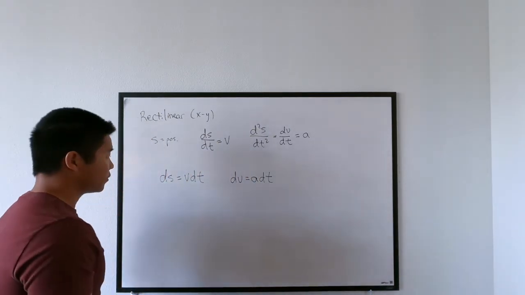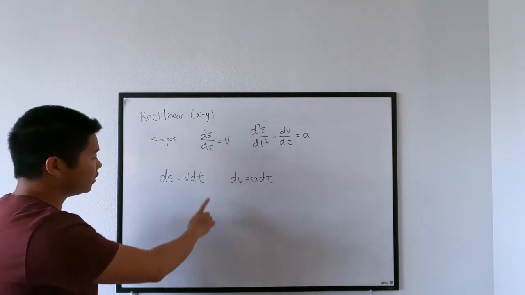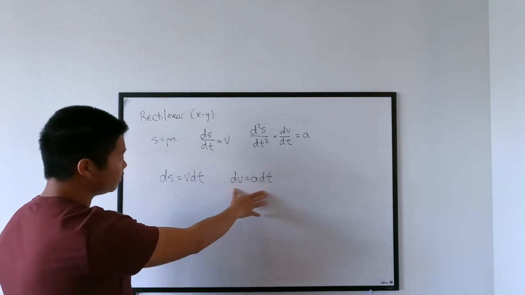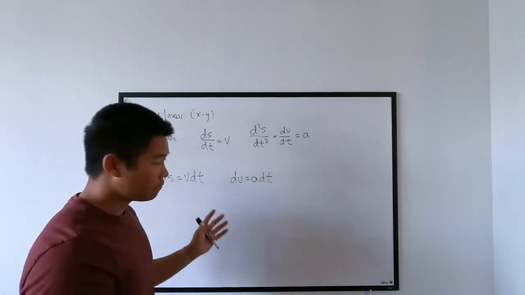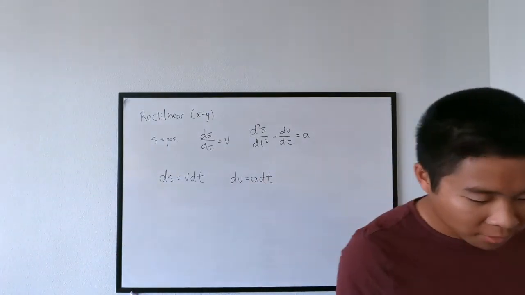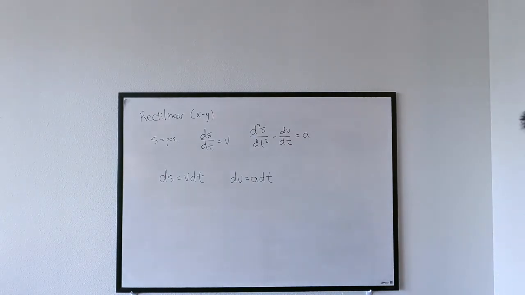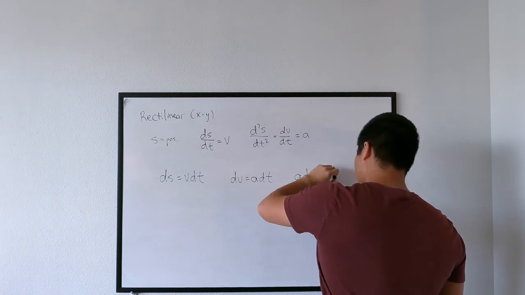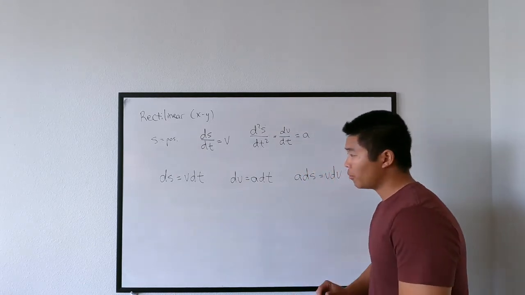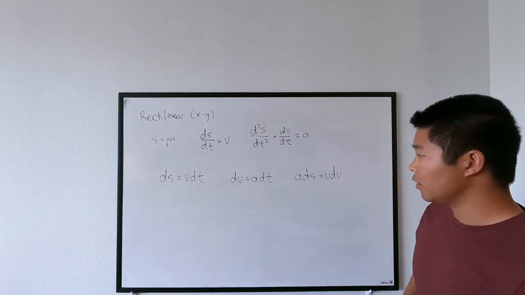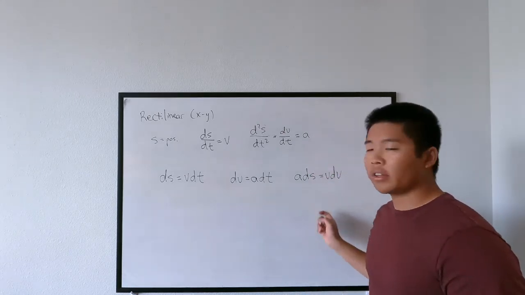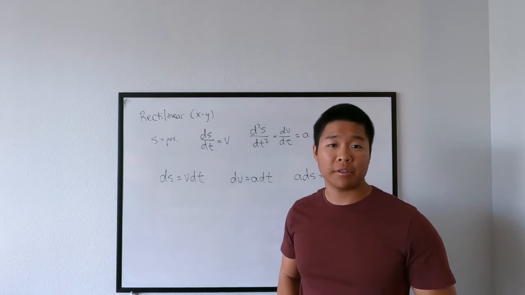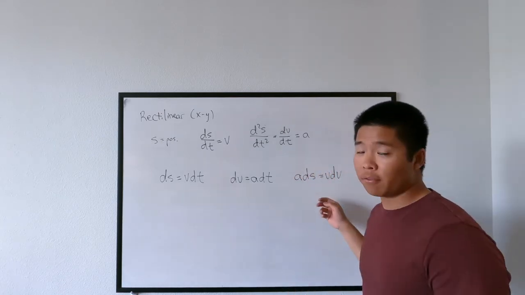Suppose I want to take the time factor out of both of these. I solve them both for dt, set them equal to each other, and combine them, and I get the following: a times ds equals v times dv. These formulas are like the three kinematic equations that you were given in Physics 1, except the calculus version of them.